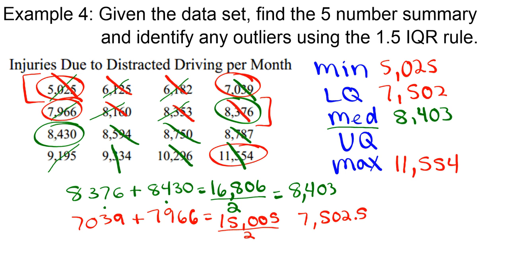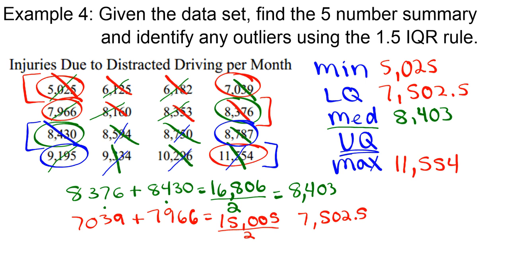I'm now going to do the same thing for my upper quartile. So for my upper quartile, I'm going to start where the median breaks and go to the end of the data. Again, I'm going to cross until I meet in the middle. And I have 2 numbers again that are in the middle, so I'm going to find the average by adding them first. 8,787 plus 9,195.